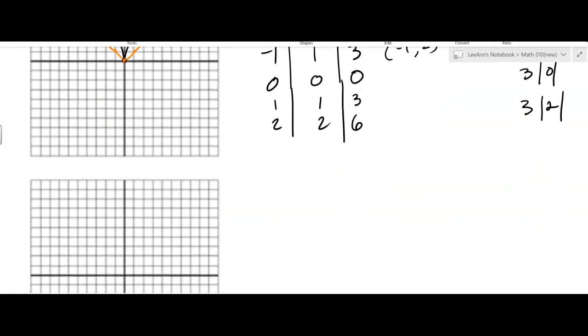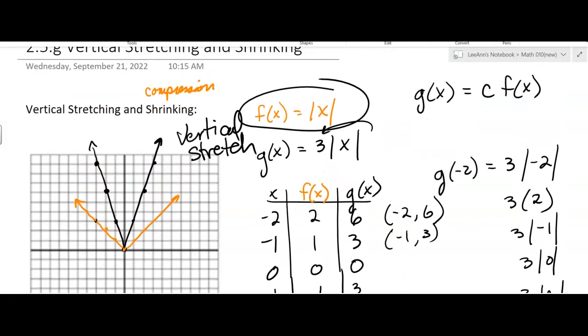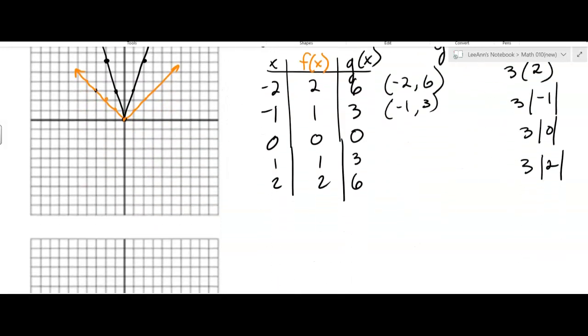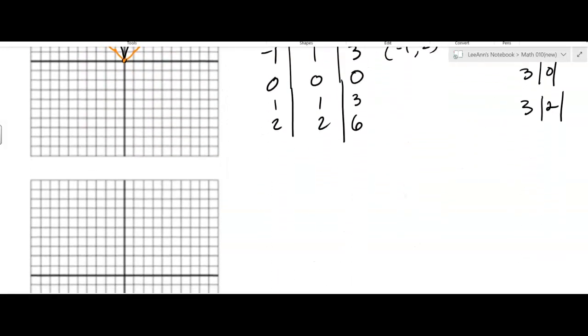A shrink, oops, sorry. If c is greater than 1, then it's going to be a stretch like we've shown here. Now, if c is between 0 and 1, then it's going to be a shrink.